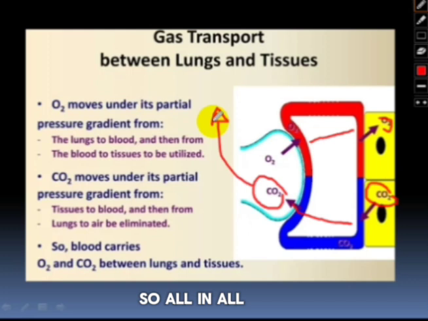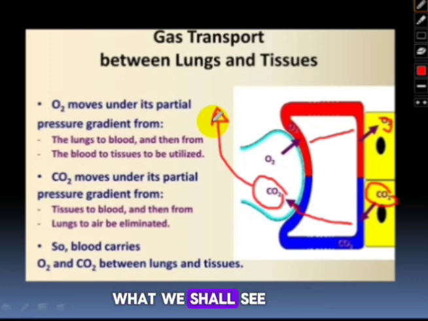So all in all, the blood transports not just oxygen, but also carbon dioxide. Some of you don't know that the blood is also the primary vehicle that carries carbon dioxide.